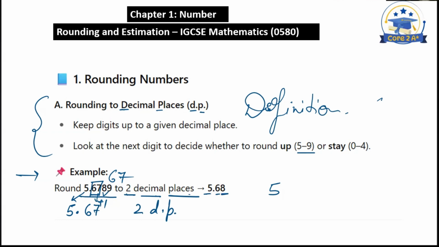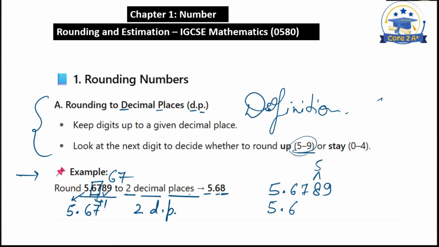What's going on over here? See, this was the example, 5.6789. 5.6 and then 7. After 7, what do we have? 8. 8 is obviously greater than 5.